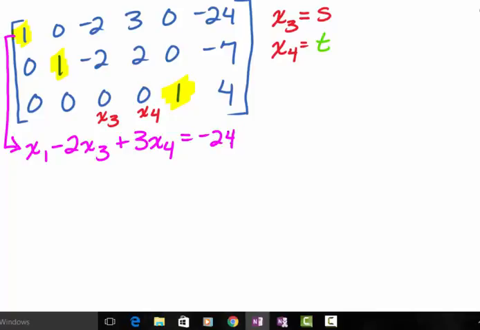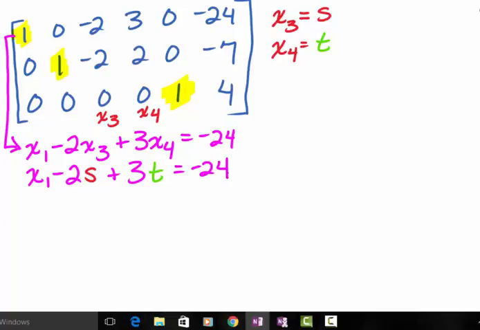That's what that equation would be if we were to just convert it straight back to equations. But we've got parameters for these variables. x sub 3 is S, so let's use an S in that spot, plus 3 times x sub 4. x sub 4 is T, equals negative 24.